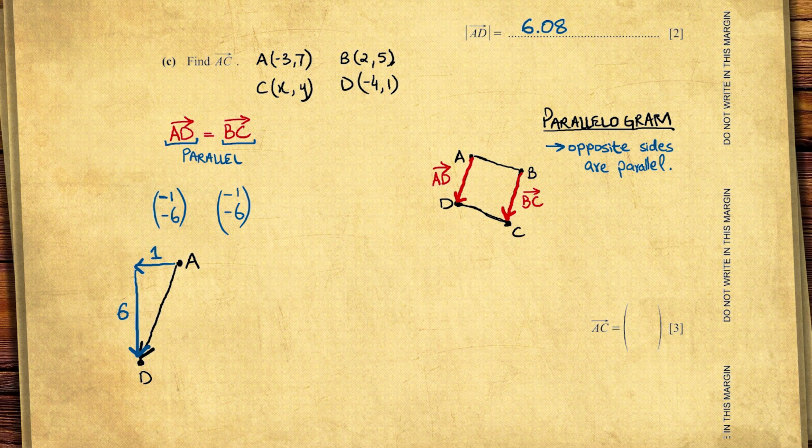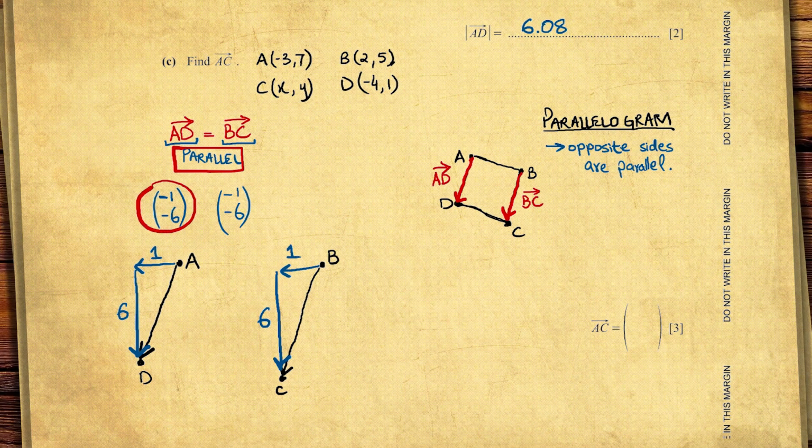And for the vector BC, this is point B and this is point C. And the vector BC goes from point B to point C. And because this is parallel to the vector AD, it will also move 1 unit to the left and 6 units downwards. So it will also be -1 and -6. So the vectors of the opposite sides of a parallelogram are equal to each other because they are equal in length and are parallel, and that means the vector BC will be equal to -1 and -6.